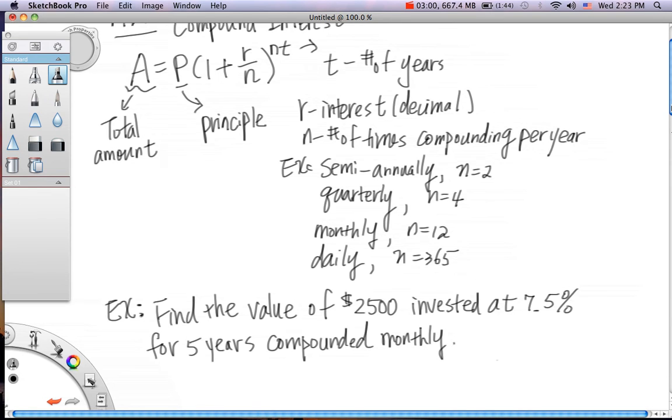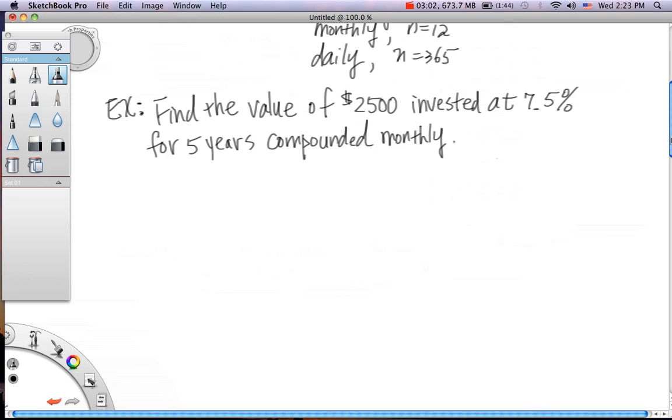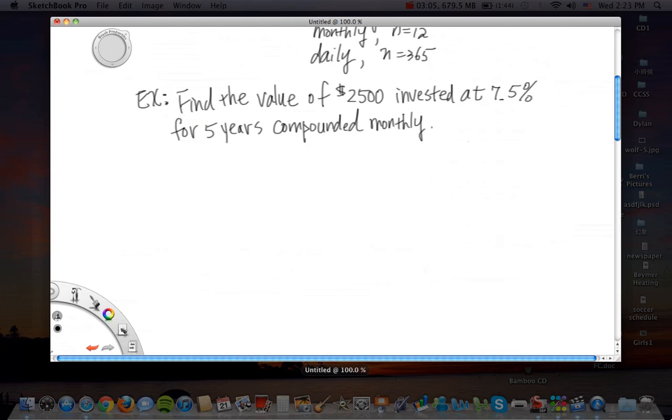So looking at this problem, you just need to identify those letters and what each one means.